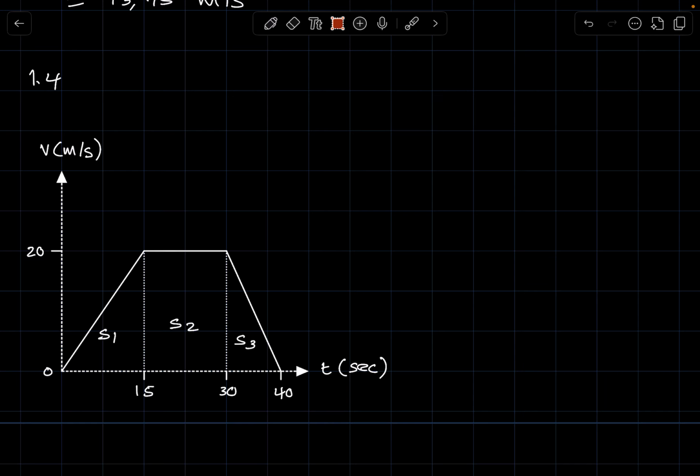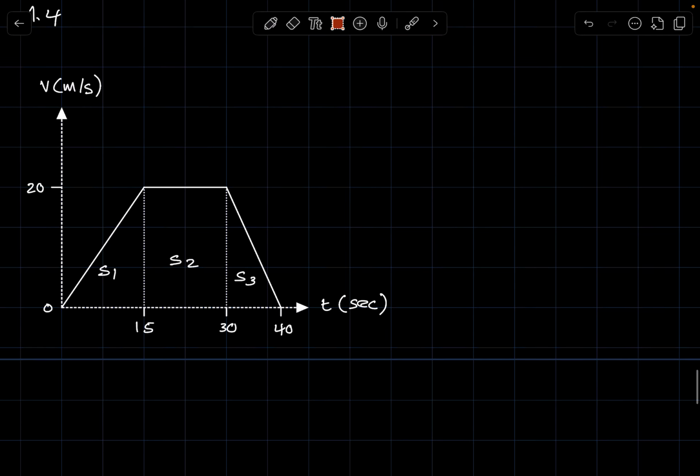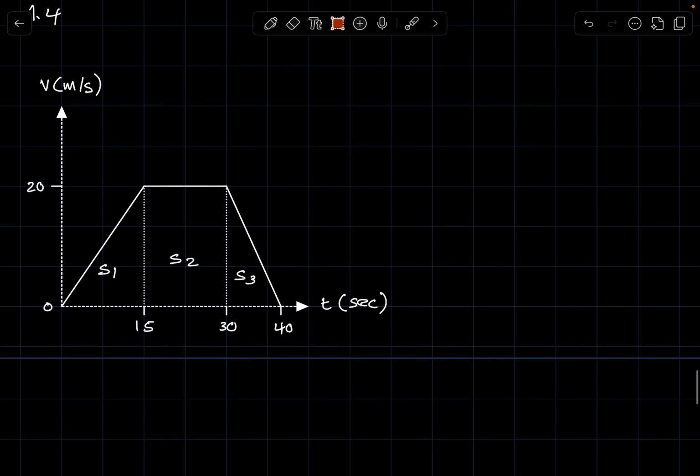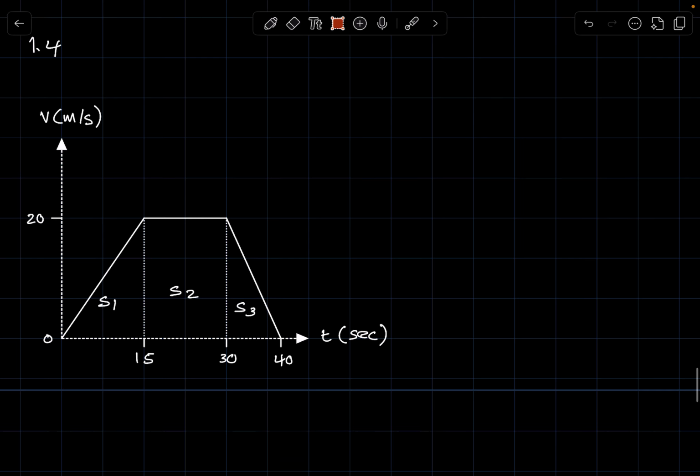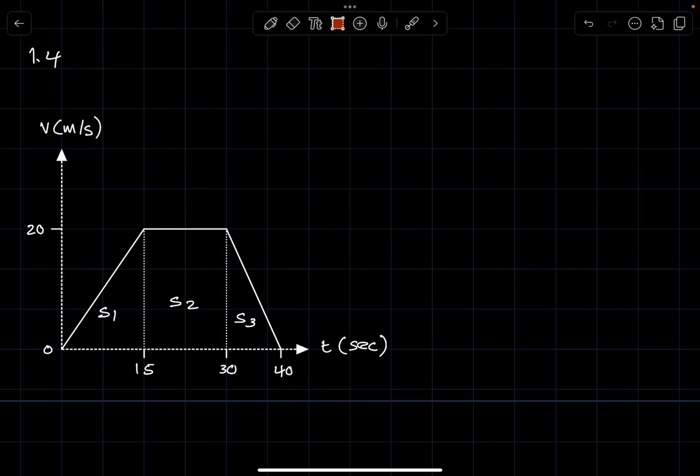But because now they've asked us to draw the graph on 1.4, you have to draw this one neatly. And that is how we attempt problems essentially on motion, by either using equations of motion or by using the graph itself.